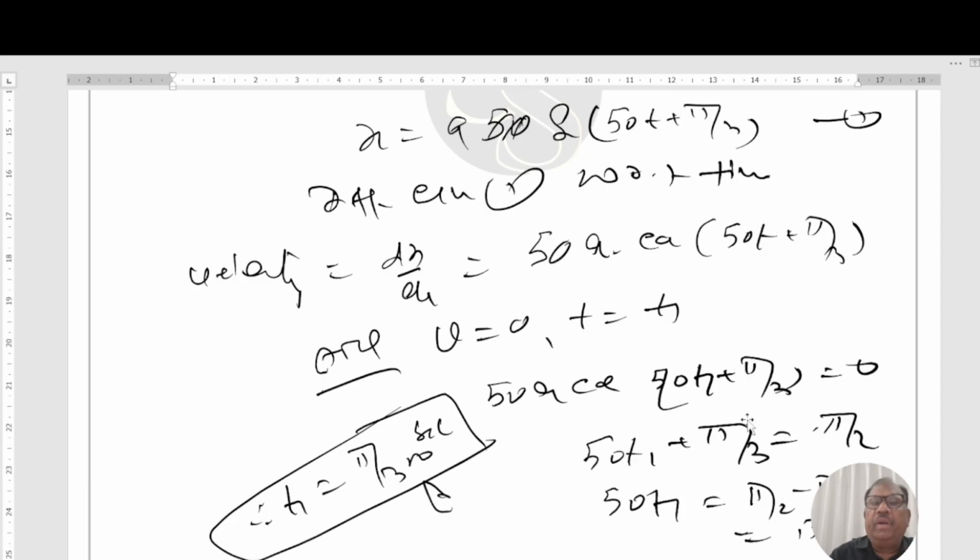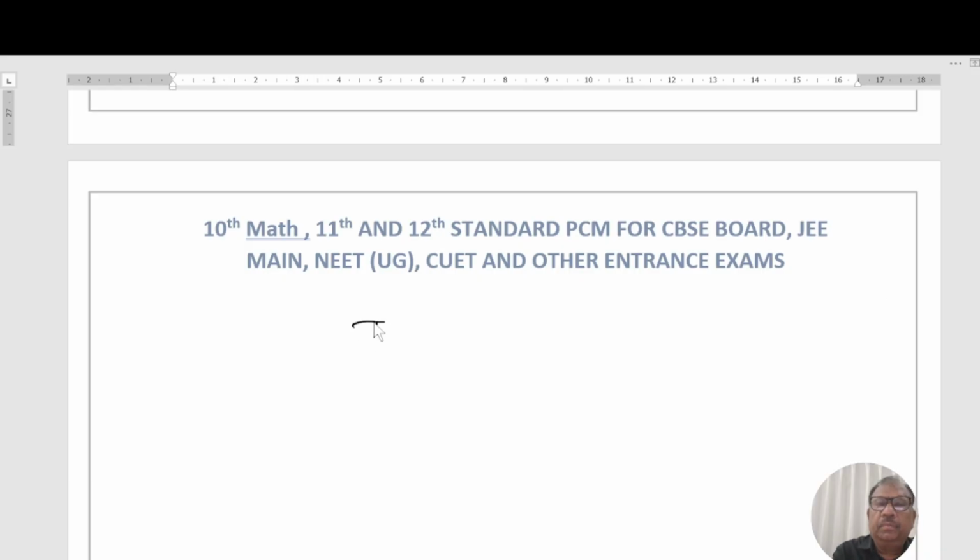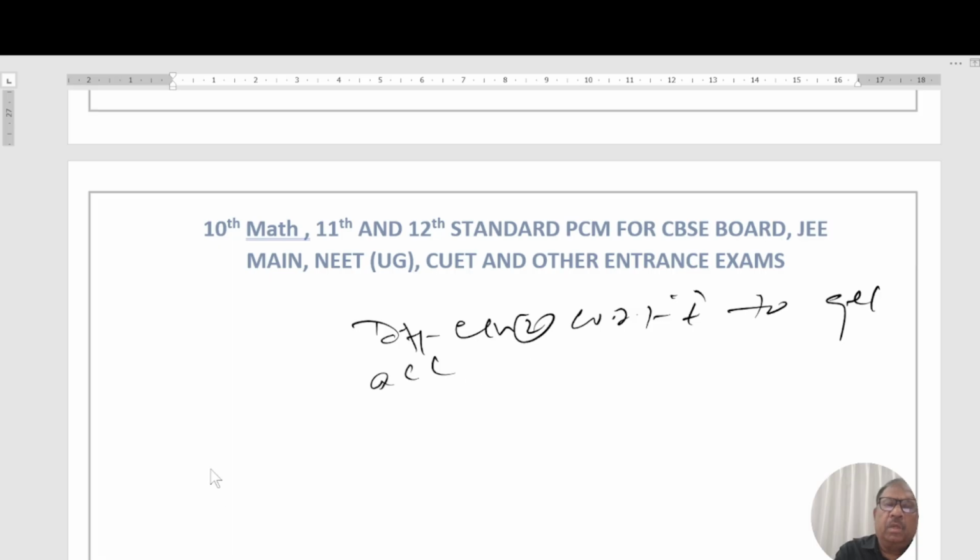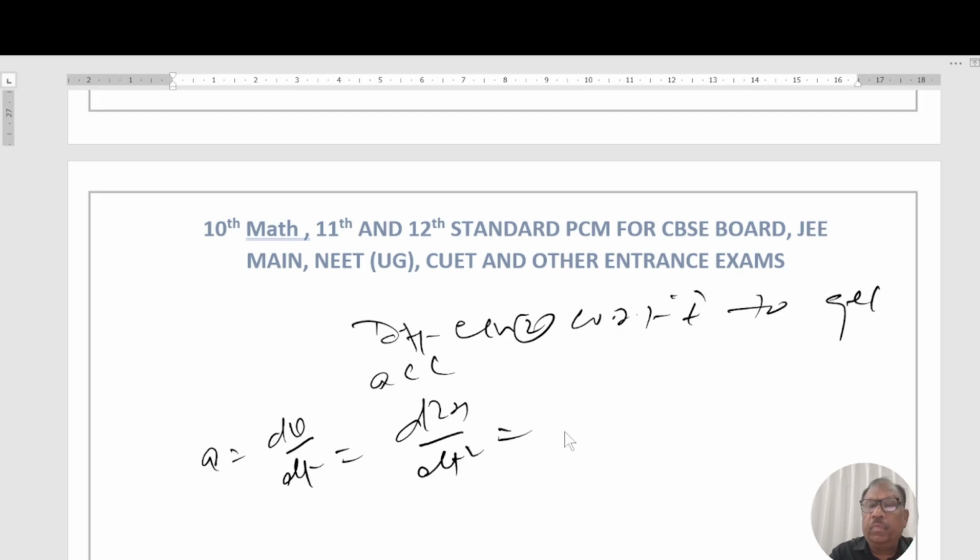Now, to find acceleration, we will differentiate equation 2 with respect to time. Acceleration equal to dv by dt, or you can say d square x over dt square, equal to a into 50 into 50 into minus sine of 50t plus pi by 3.